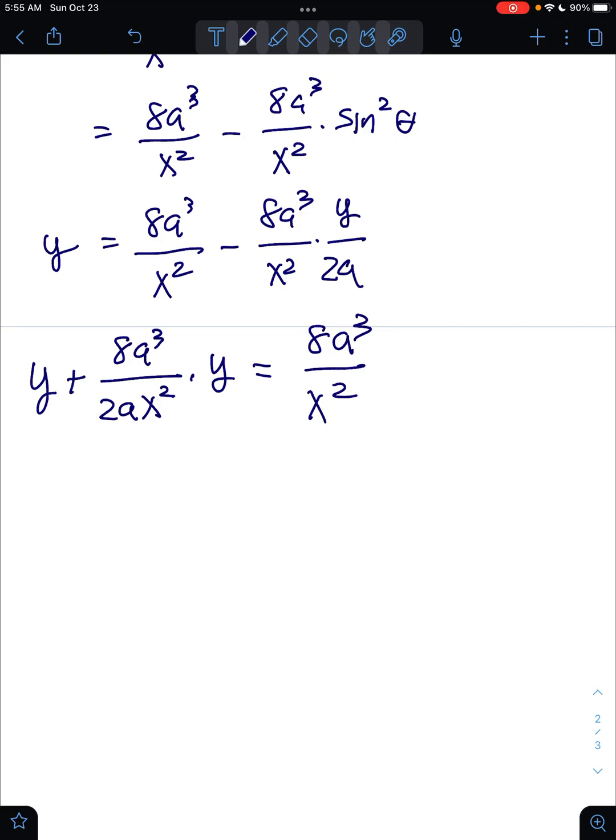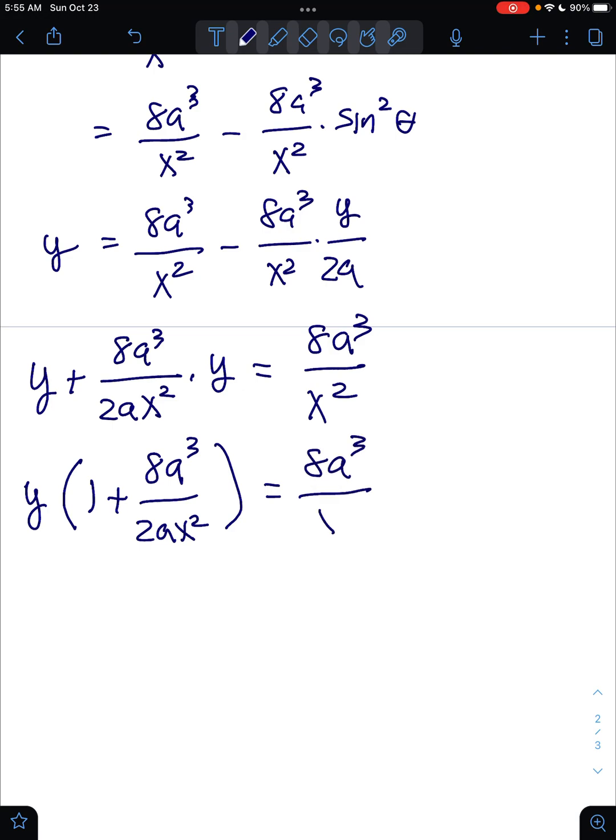Factoring out a y from the left side, y times 1 plus 8a to the third over 2ax squared, and that equals 8a to the third over x squared.